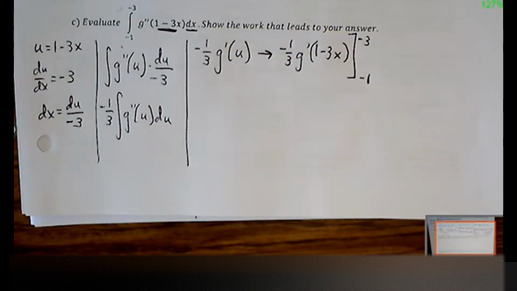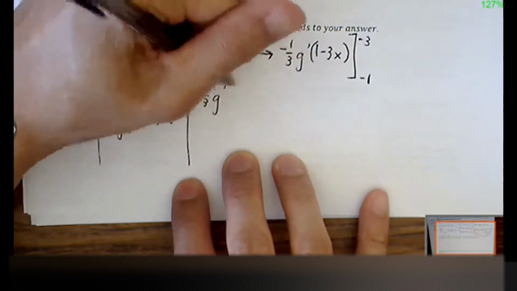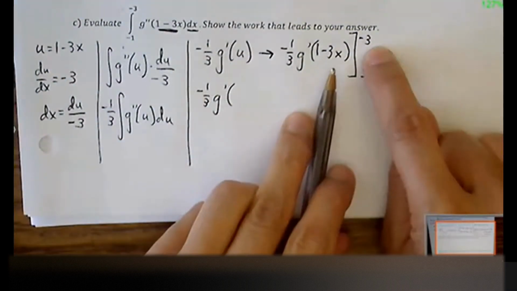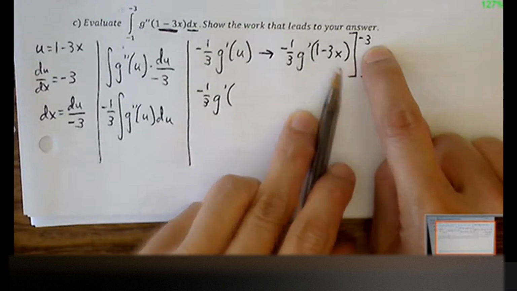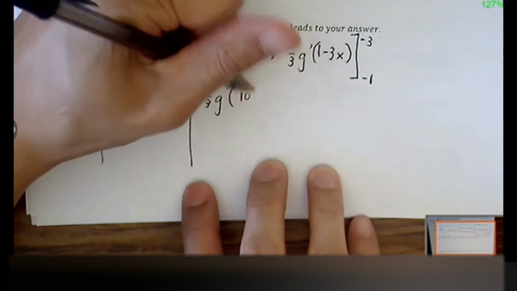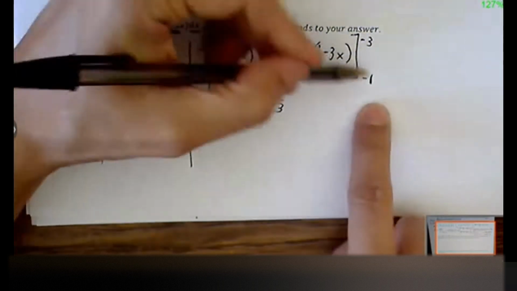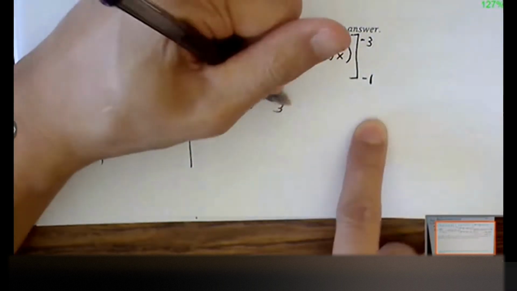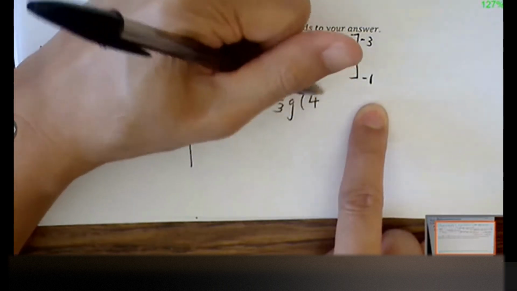Okay, upper bound first. If I insert -3 in for x, I get 1 + 9, which is 10. Minus, then repeat the process for the lower bound. 10 + 3 is 4.